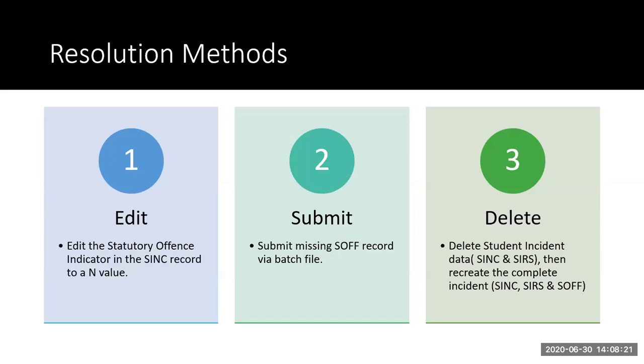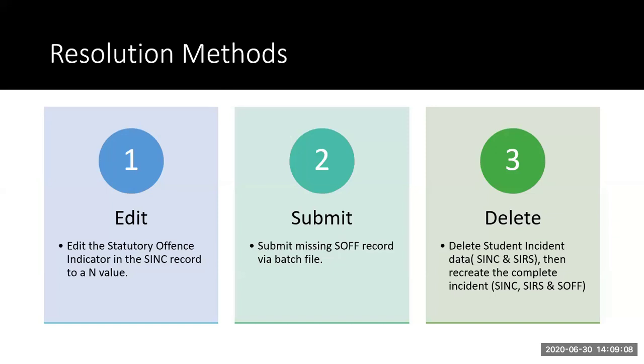Okay? Either way, when you're editing, you can do it online or via batch, but the record has to be existing. We know that the sync exists because the error tells us we have a sync with a Y indicator, but no SOF record, okay? If the record does not exist, there's nothing to edit. And that goes back to the restrictions of functionality.